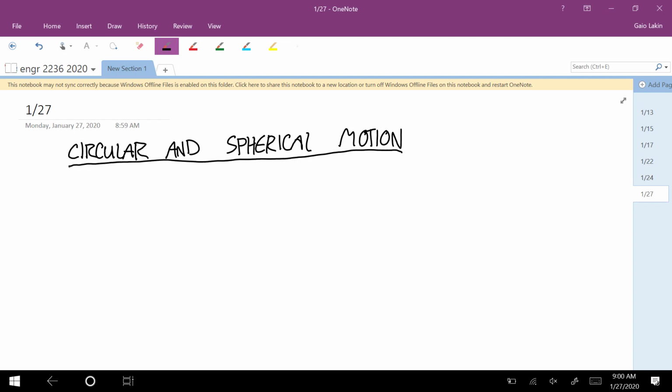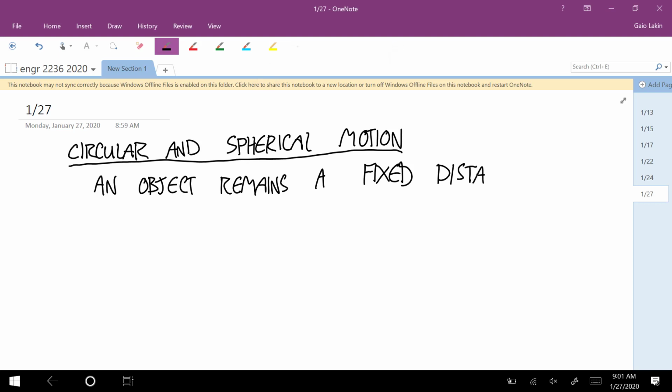So you're in circular or spherical motion anytime an object remains a fixed distance from some reference point. A fixed distance would be the radius of the sphere or the circle.